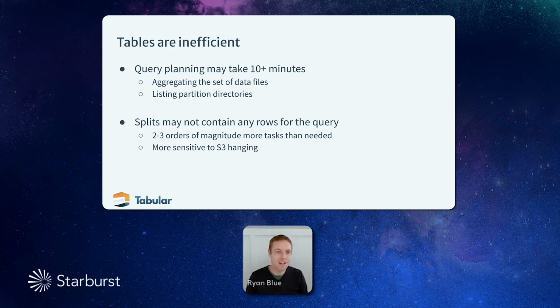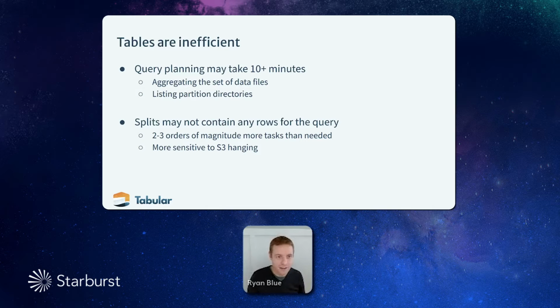The problem now becomes that tables themselves are inefficient. Query planning can take 10 or more minutes. That could be aggregating a set of data files from diffs across. So you might have one big checkpoint file of files, and then you need to add 100 diffs to that, maybe do that aggregation in parallel, and then bring that back, filter the set of data files, and then get your tasks out.